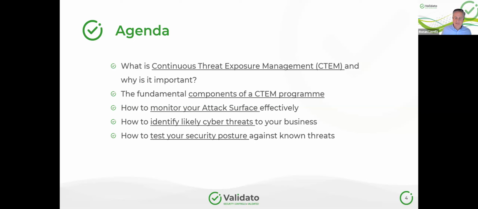One of those is attack surface management. The other is around identifying likely threats to your company or your organization, and then how you test your cyber resilience on a regular basis against those threats.